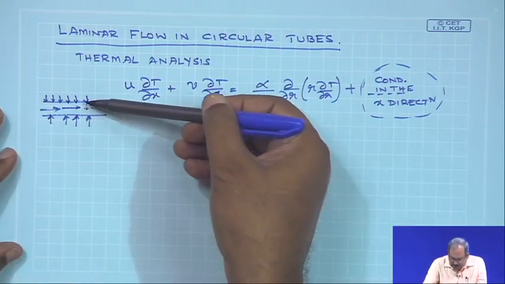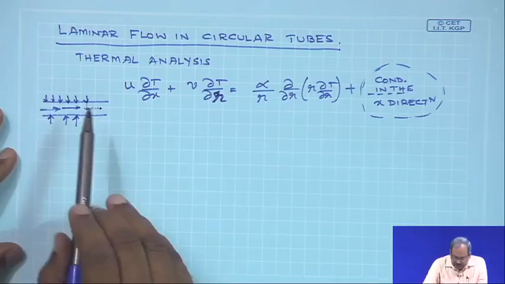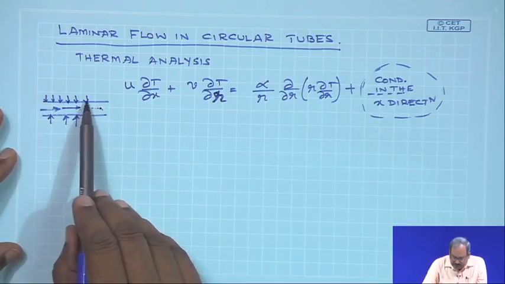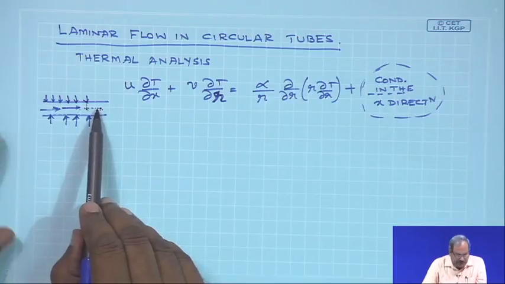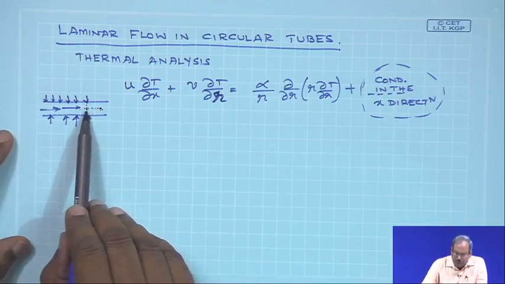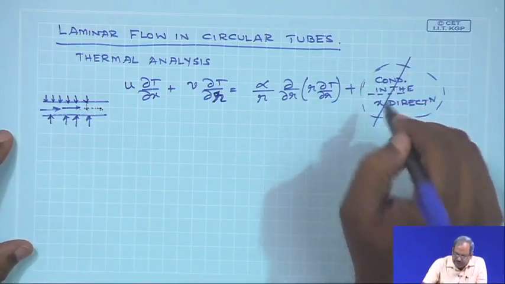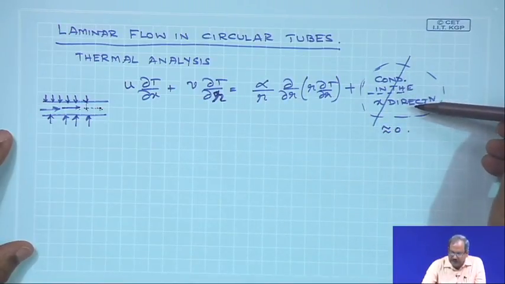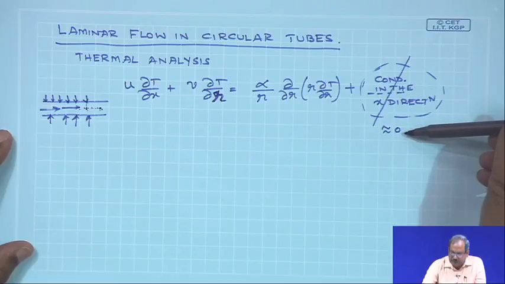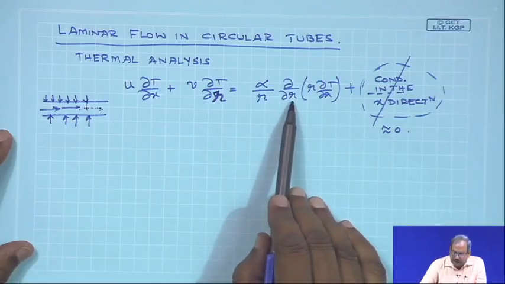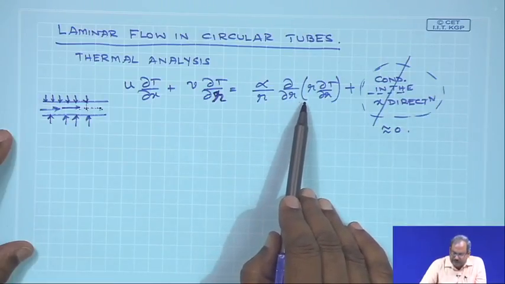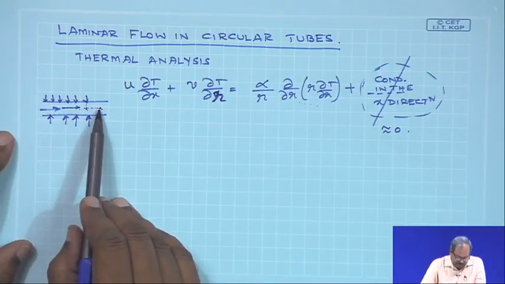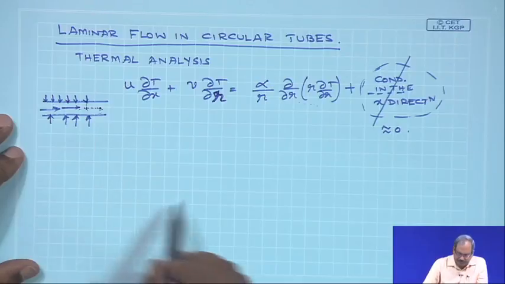So, conduction in the r direction and convection in the x direction are the two principal modes of heat transfer. Therefore, this part is approximated to be 0. The conduction in the x direction is neglected, and only the conduction in the r direction is kept in the energy equation, which is a direct result of the discussion that I have just made.